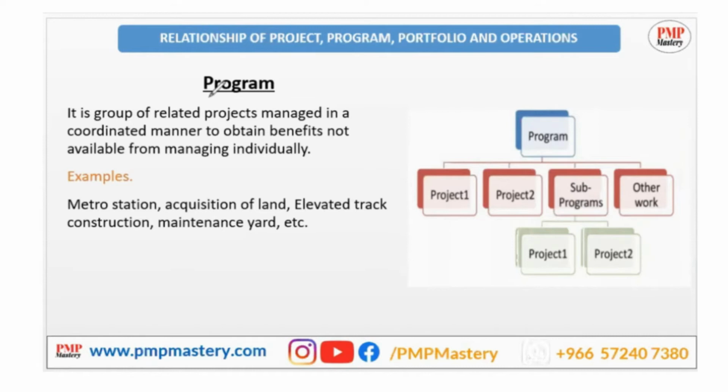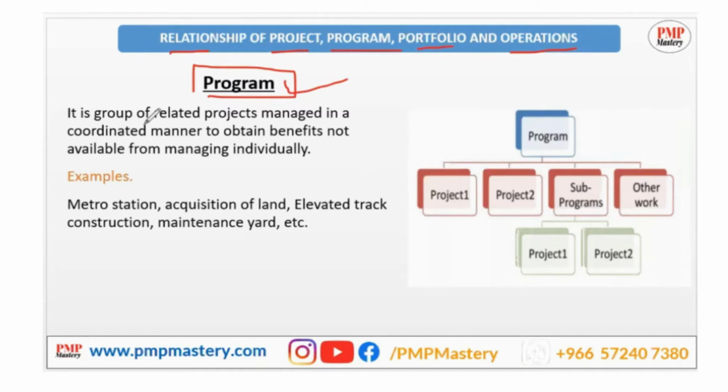So here you can see the first is program. There are project, program, portfolio and operation. There are four departments, or components, common in the organization. So here you see program.